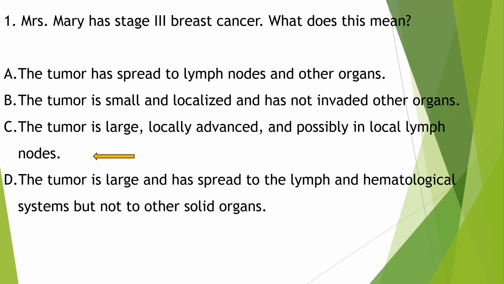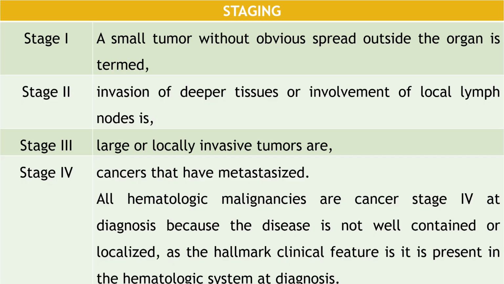3. To answer this type of question, you need to know the staging of cancer. Stage 1, a small tumor without obvious spread outside the organ. So that is termed stage 1. Then stage 2, the invasion of deeper tissues or involvement of local lymph node, that is stage 2. Then stage 3 is large or locally invasive tumors.